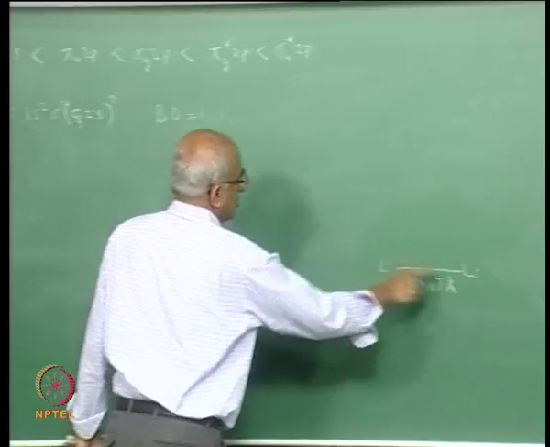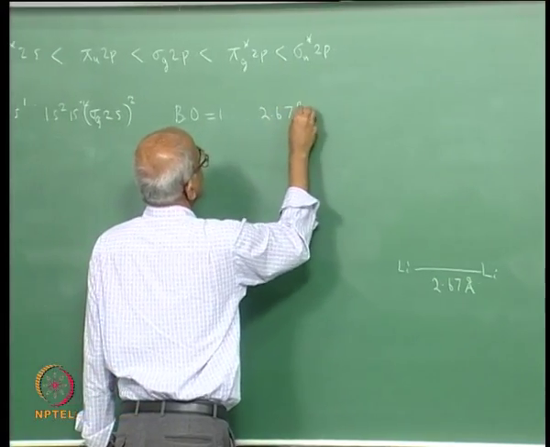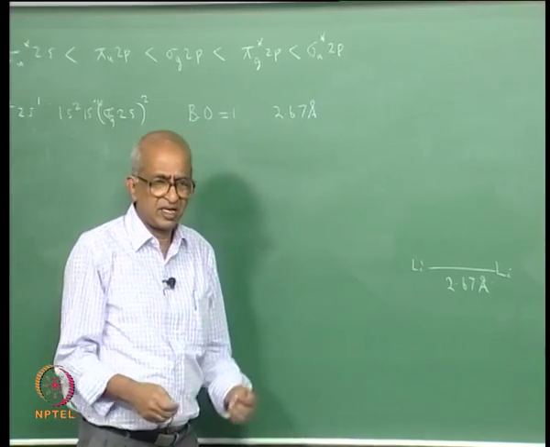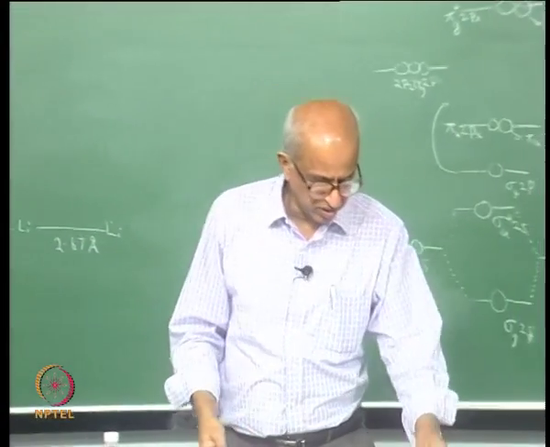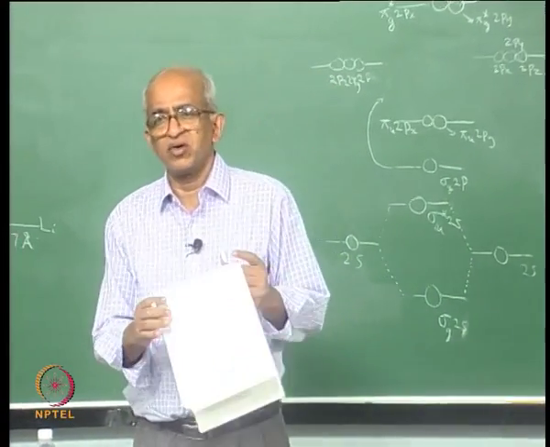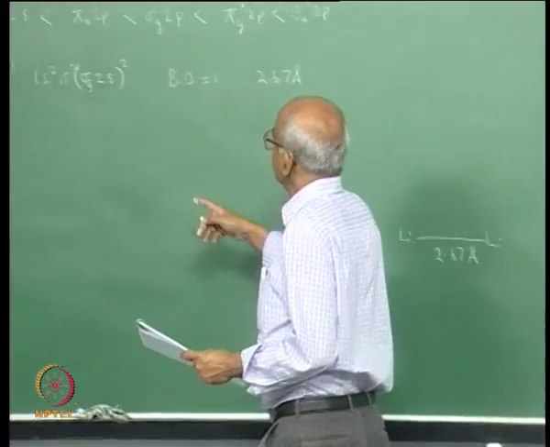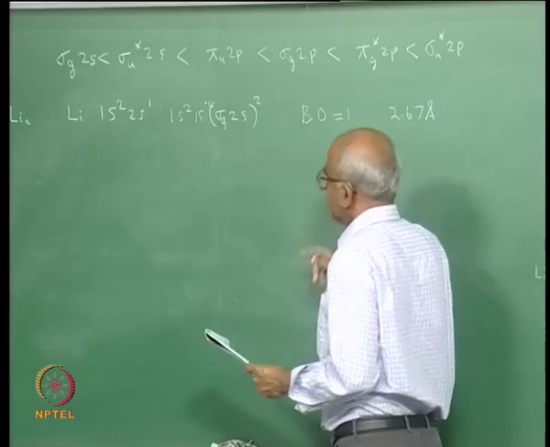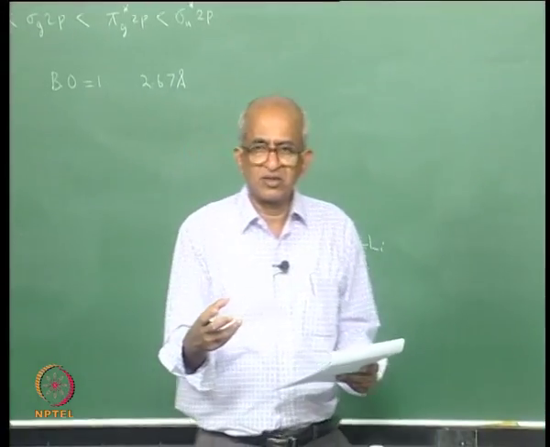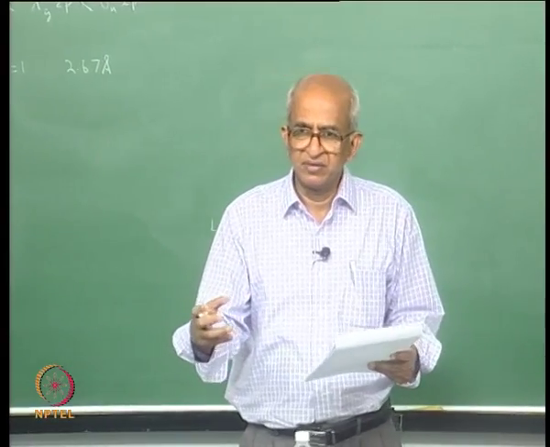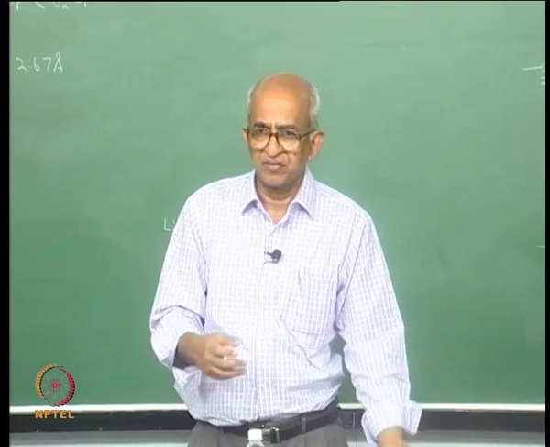And the bond length you find is 2.67 angstroms, which is actually surprisingly large. If you compare this with the case of the hydrogen molecule, the bond length in the hydrogen molecule is 0.74 angstroms. So, one may ask, why is it that this bond length is very large? The reason is actually quite simple. You have these 1s electrons, they form the core, and these 1s electrons actually repel each other.